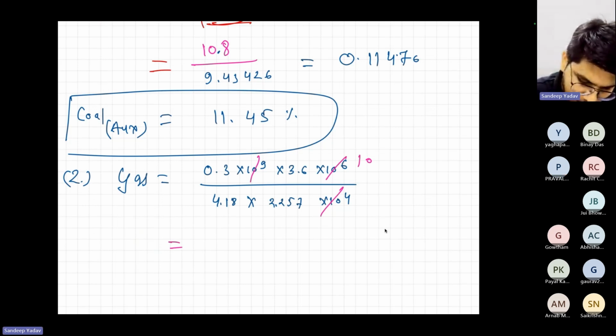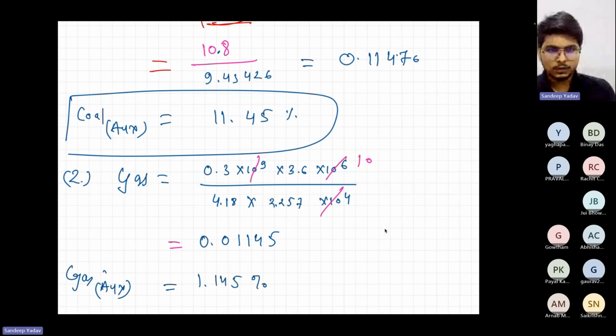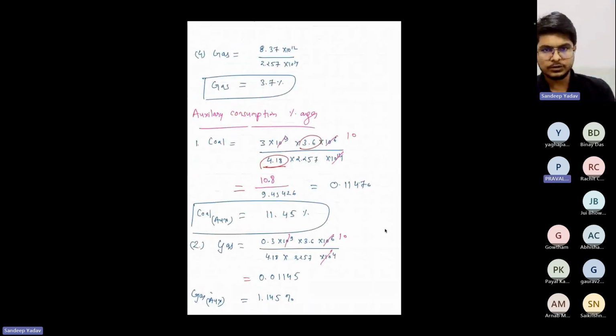Finally, if you multiply and calculate all these, it will be 0.01145 precisely. The gas auxiliary consumption will be 1.145%. So that's how we calculate the auxiliary consumption.